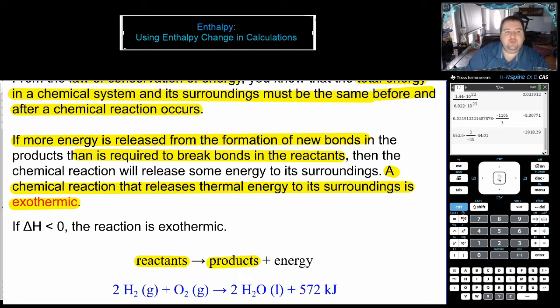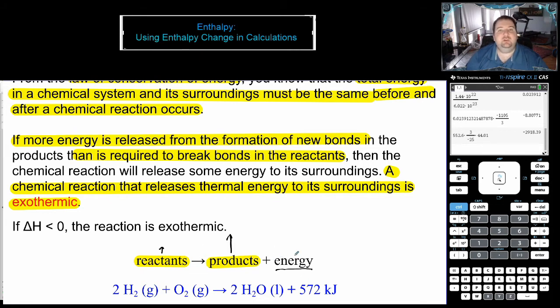So if the amount of energy released, I'm going to take out my little pencil here, if the amount of energy released in my products is greater than the amount of energy required for my reactants, so this is a large quantity of energy, this is a smaller quantity of energy, then the chemical reaction is going to release energy to its surroundings.